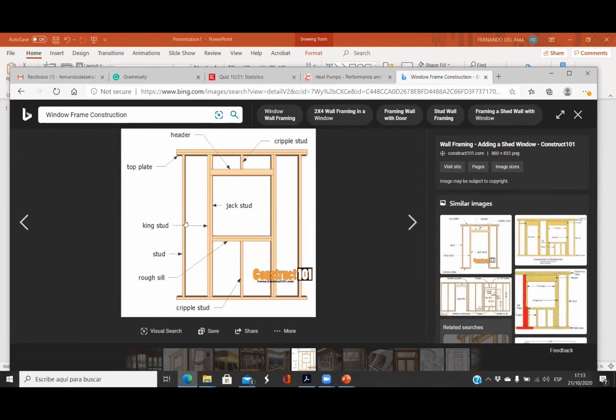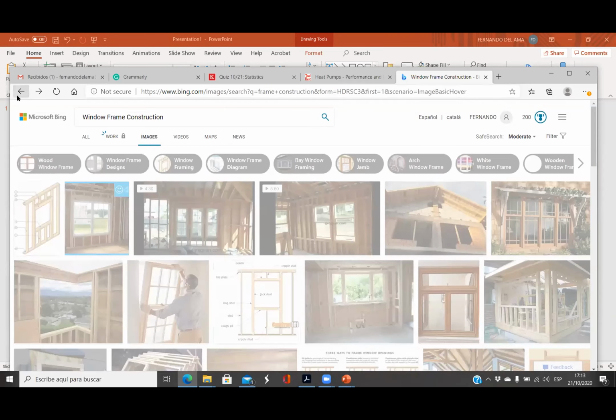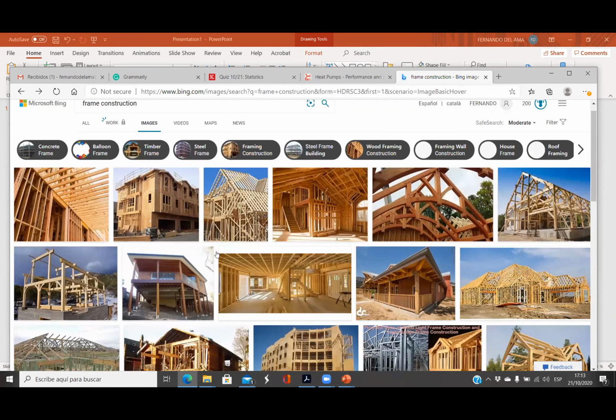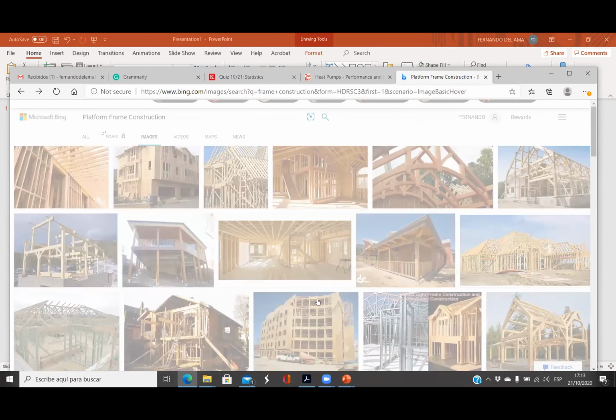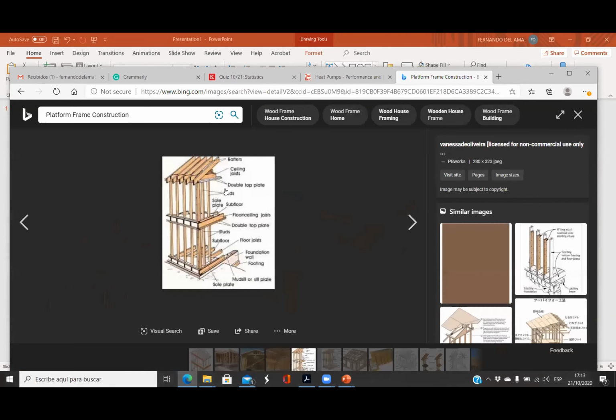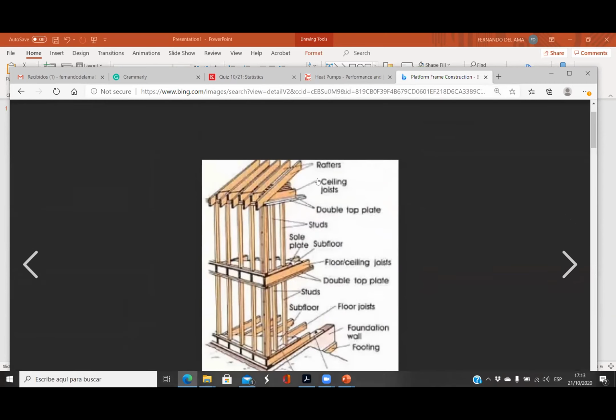So we can have the same concept that we had with roofs. When we were dealing with roofs, like this, we mentioned rafters. Okay, so these are rafters. When we have a roof like this, we have rafters.